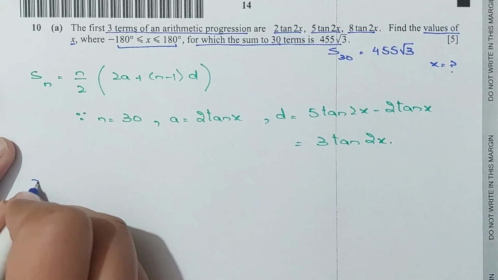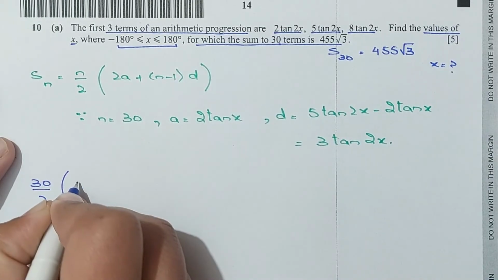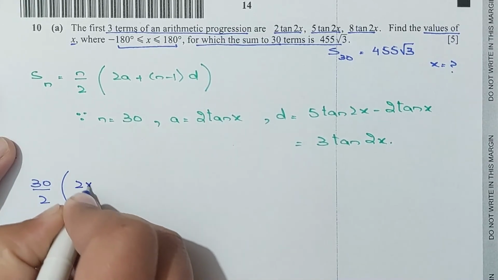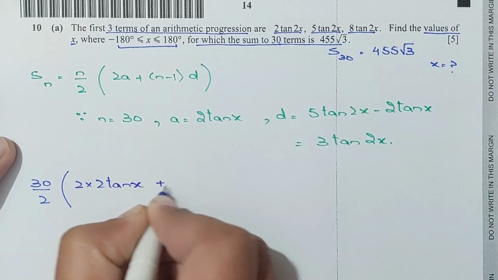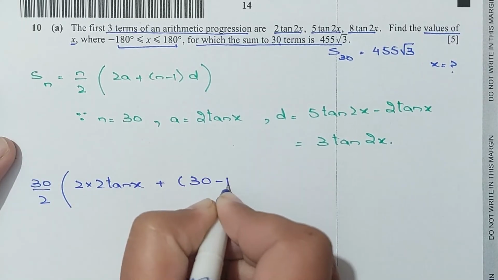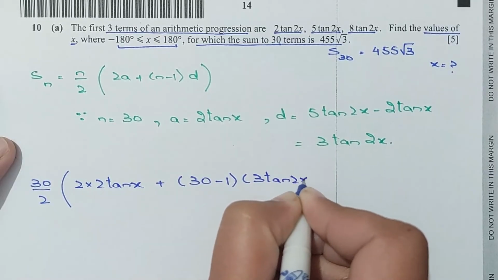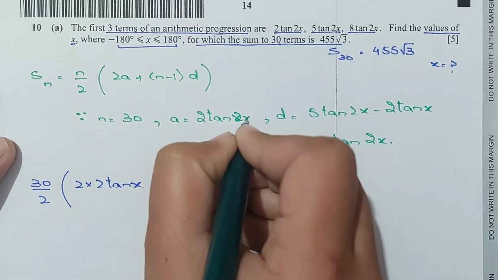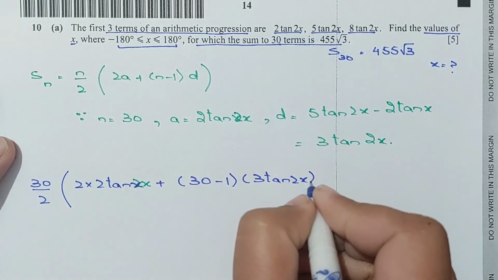Okay, now plug in the values. n/2, 30/2, into 2 times a, 2 times 2 tan x, plus 30 minus 1, and d is 3 tan 2x. The angle is always 2x, keep in mind.